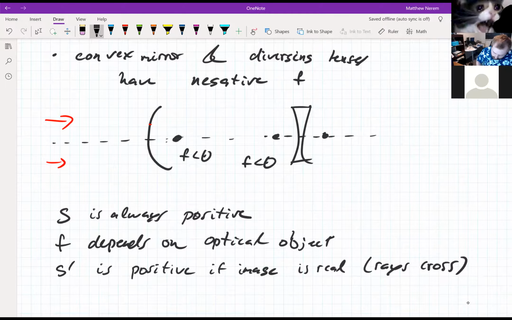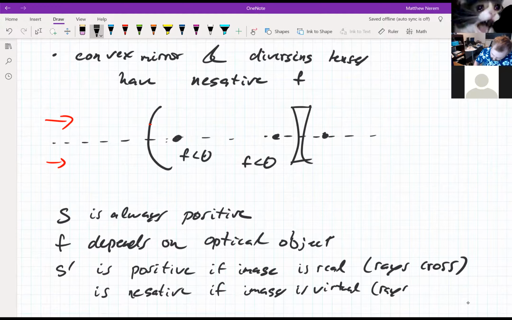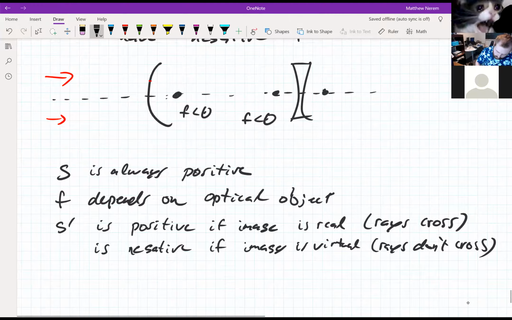Rays cross. And S prime is negative if the image is virtual. So there are your rules.